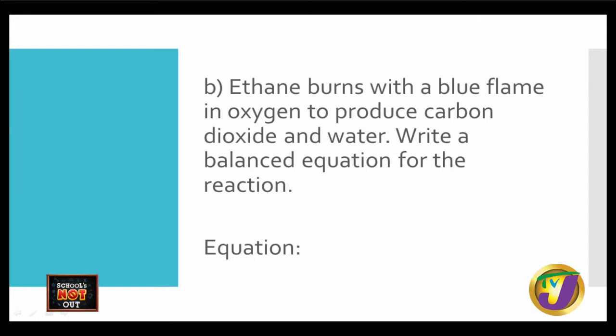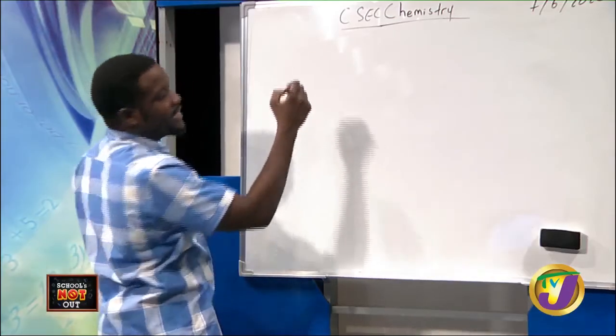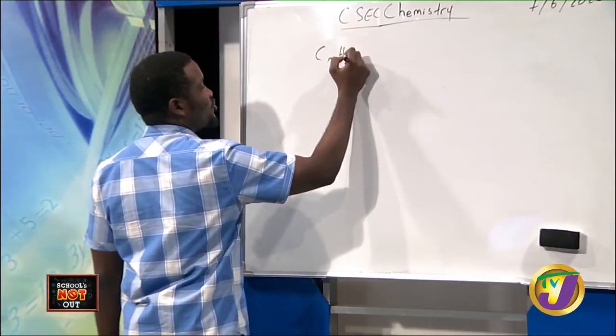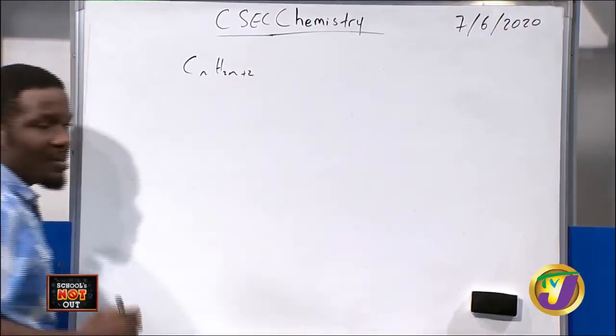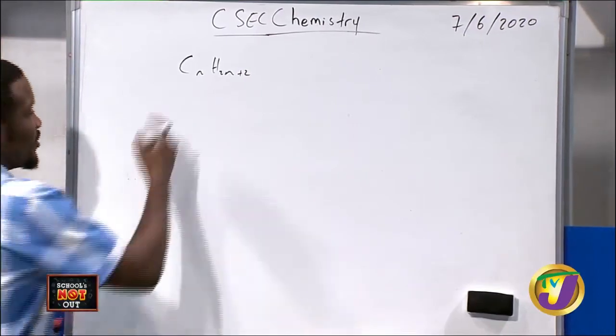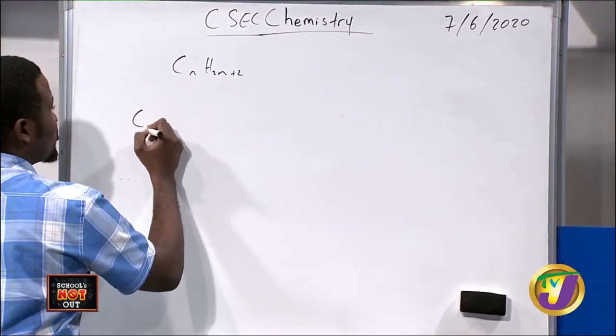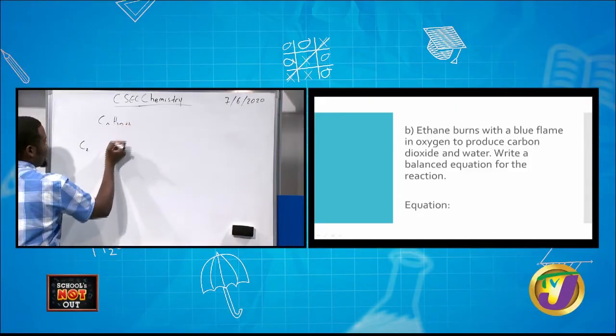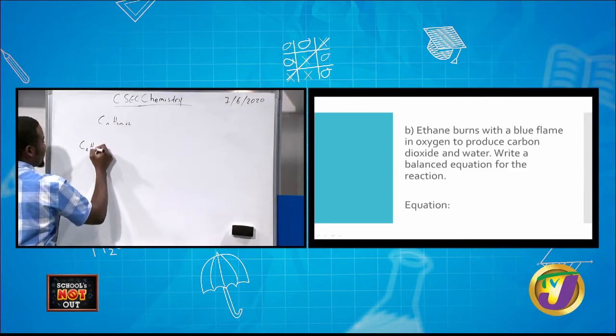So ethane. So if you remember the formula, right, ethane will be CnH2n+2. Remember, that's the formula for alkanes. So it would be C2, 2 times 2 is 4, plus 2 is 6, all right?